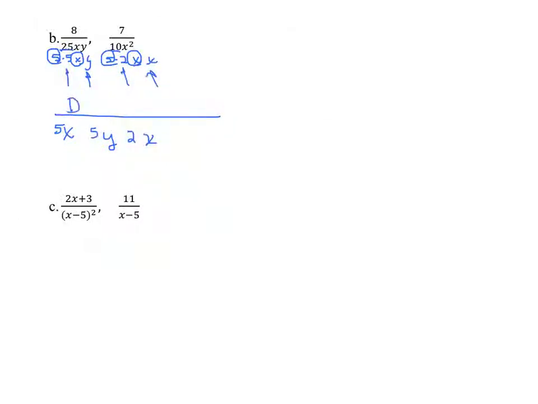So the denominator, that is the LCD, we're getting the least common denominator, would be 5 times 2 is 50, x times x is x squared, and a y. Now suppose you say to yourself, well, I don't want to do it that way.